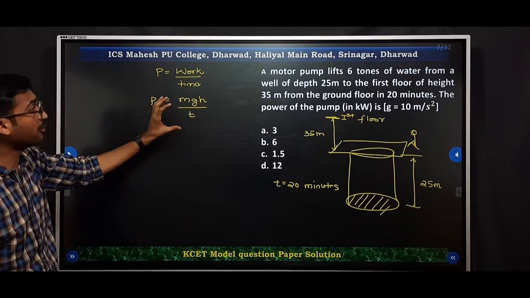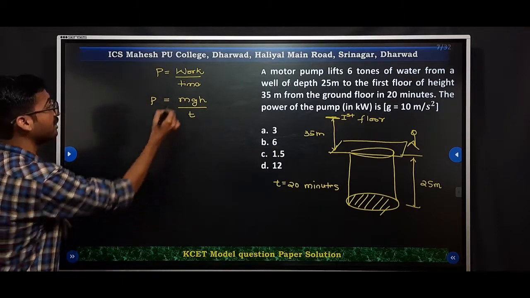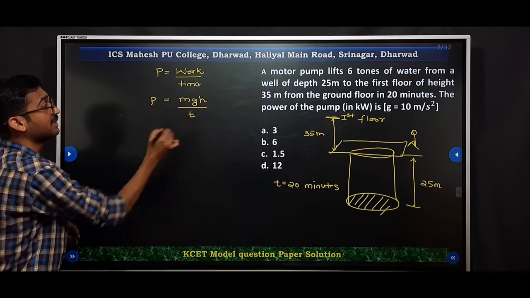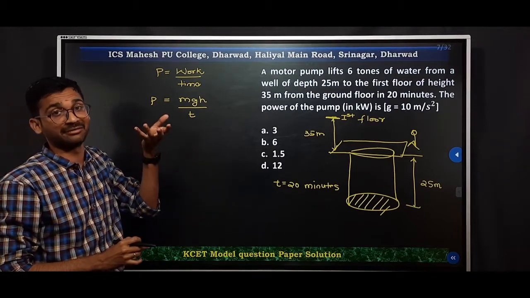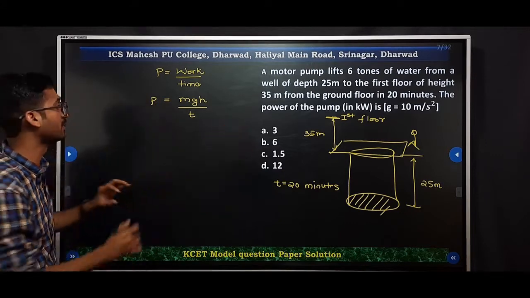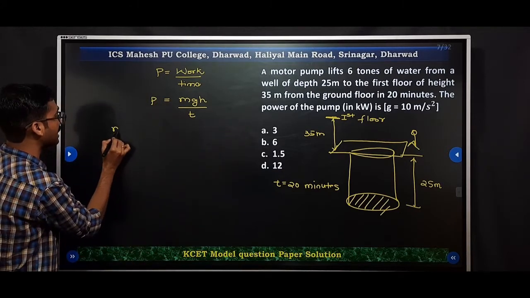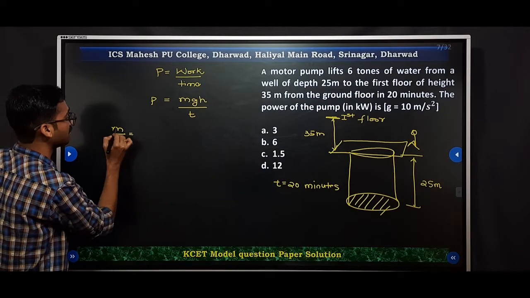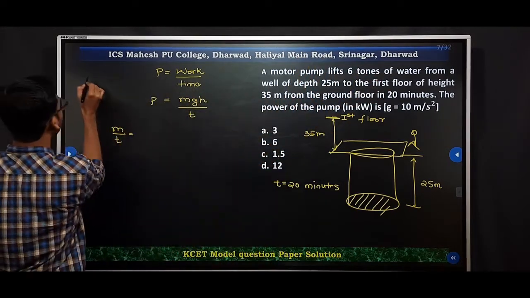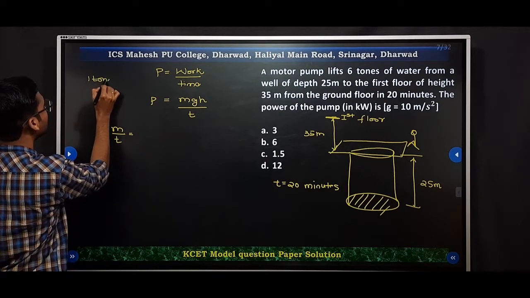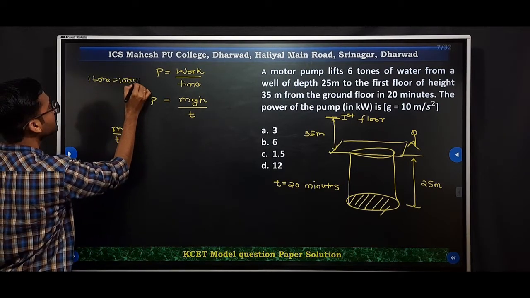Another point we can simplify here, that is m divided by t. M divided by t is the amount of water which has been lifted within a given time interval. Therefore, I can write m divided by t as a different step. What is the amount of water they are lifting here? 6 tons. We know that 1 ton is equal to 1000 kg.